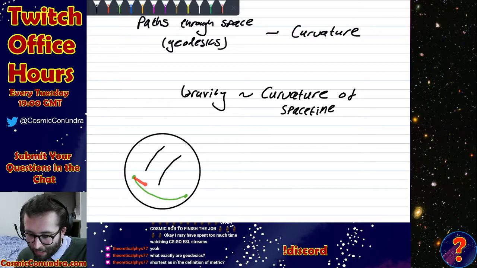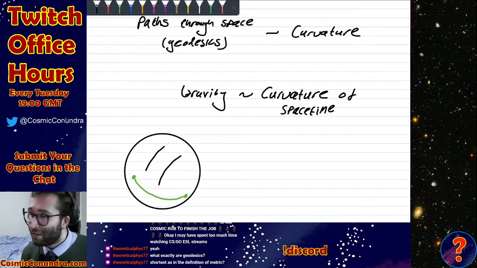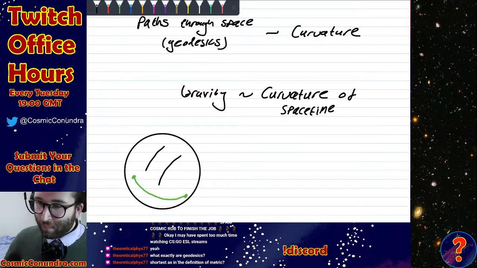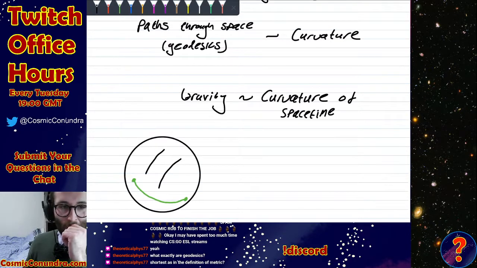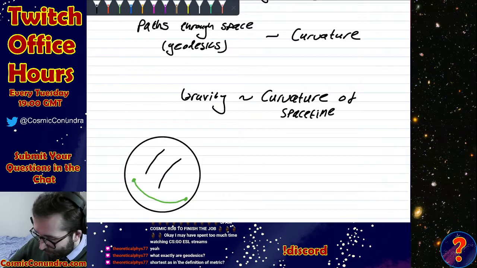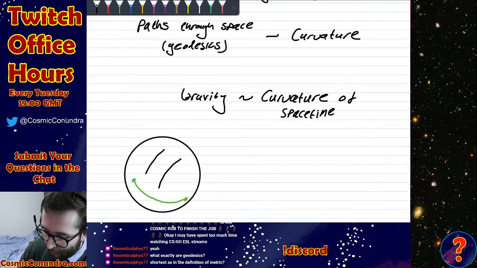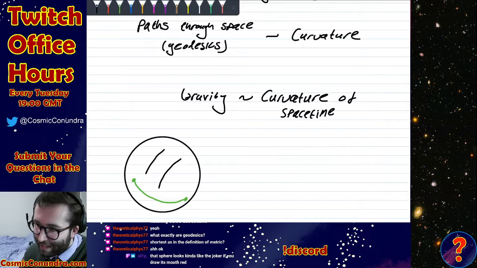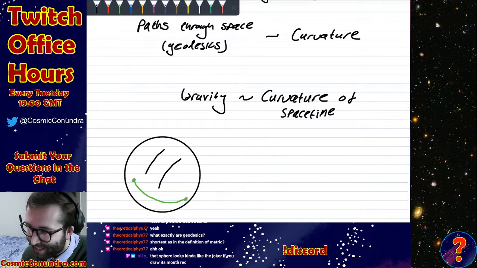They won't just be direct straight lines, because you're not allowed to go directly on a straight line, because it would mean you're cutting through the sphere. Okay, but yeah, exactly. So you have to find a way of formulating this statement in terms of equations. It does look kind of like the Joker. Yeah, those are the eyes, there's the mouth. I see what you mean.